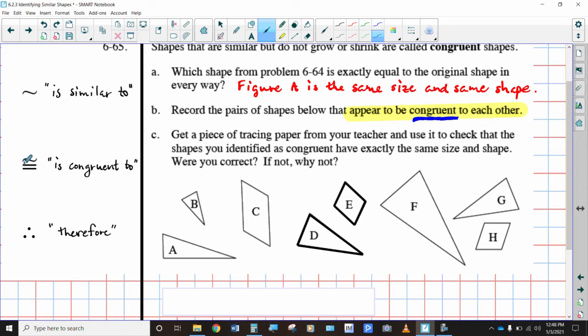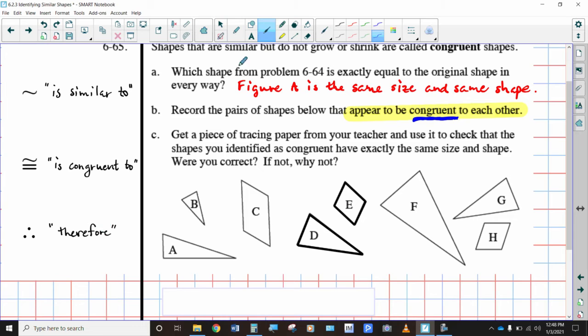If you've got that single wave over top of an equal sign, this means is congruent to, which is the geometry term for is equal to. We don't like to say that this angle is equal to that angle; we say is congruent to. That's the language that we use in geometry. And these three dots that form a triangle are the shorthand for the word therefore.